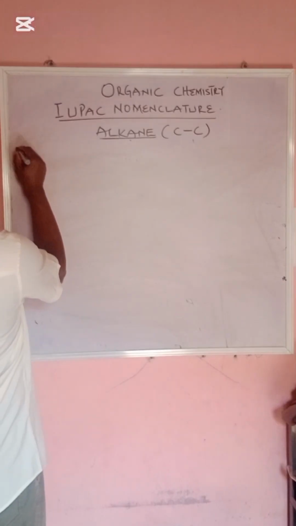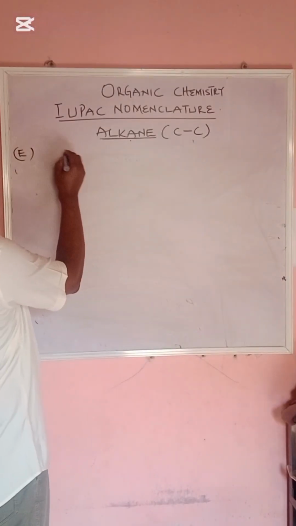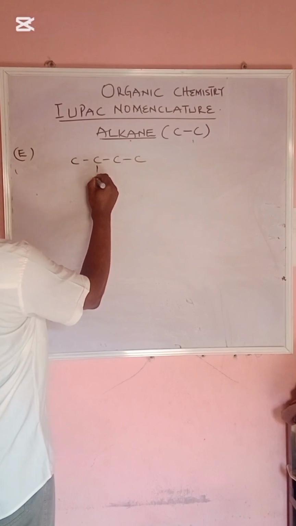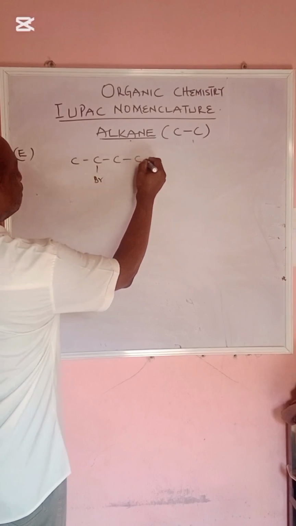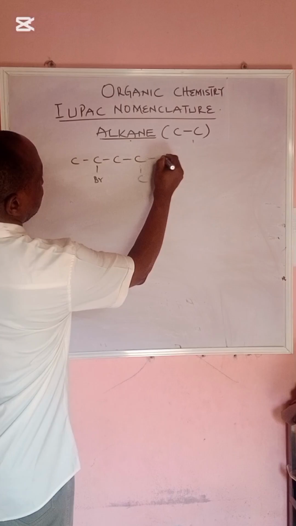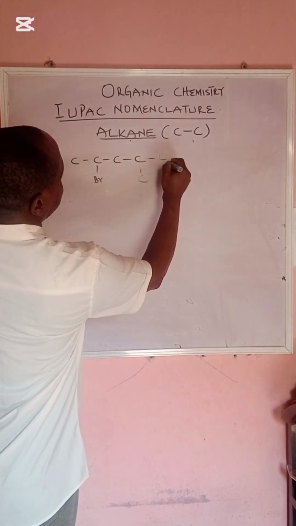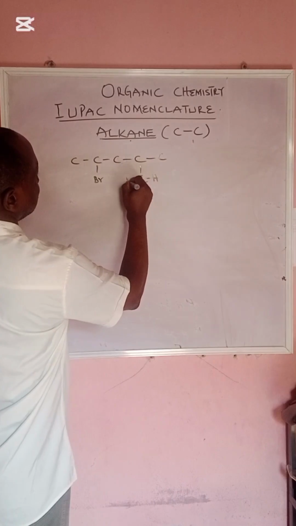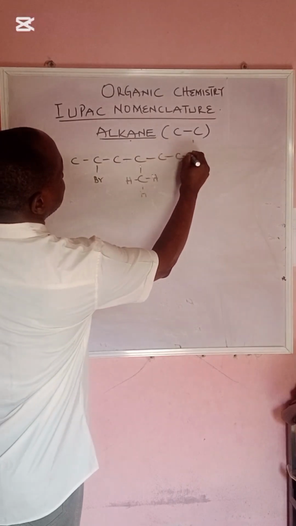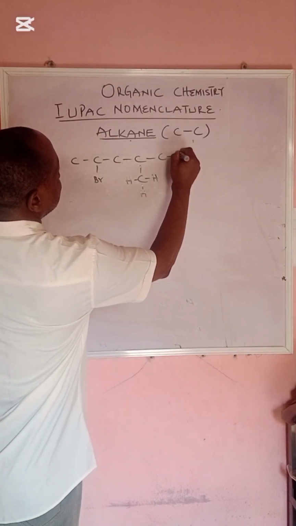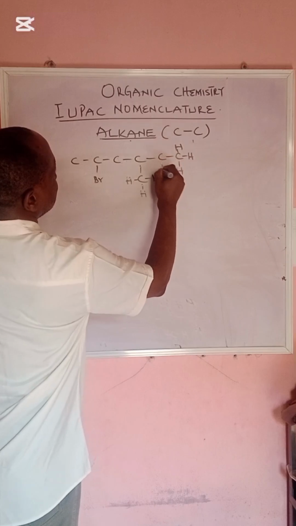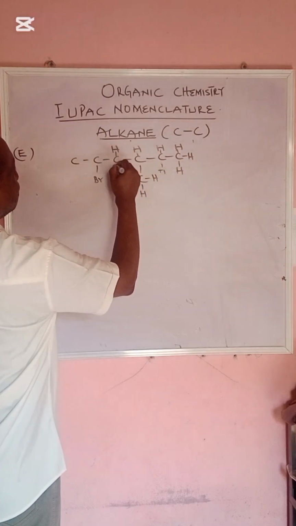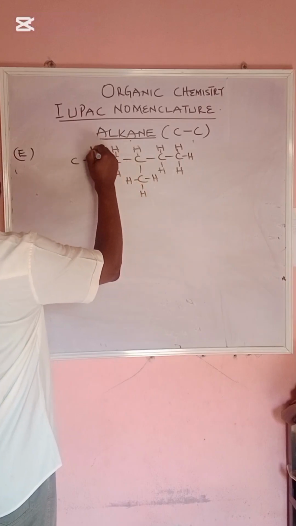3, 4. We have bromine here. This is what you have.